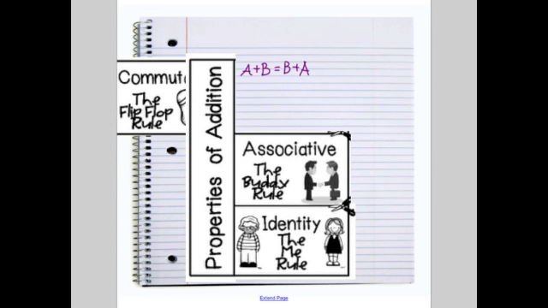Because I'm using letters instead of numbers, those letters can represent any number in the world, right? If I say 17 plus 3 equals 20, then 3 plus 17 should equal 20. If I say 2 plus 5 is 7, then 5 plus 2 should be 7, right? In this expression, the A's are the same and the B's are the same. So this rule will always be true.